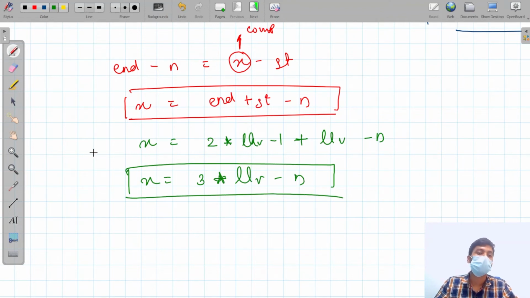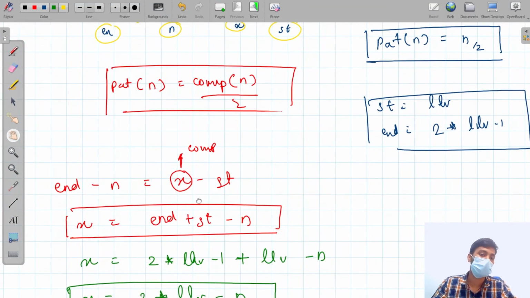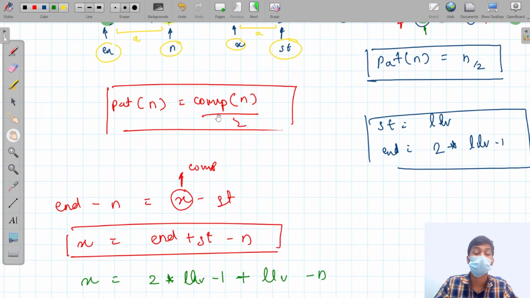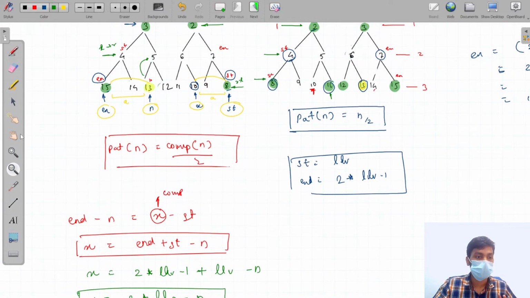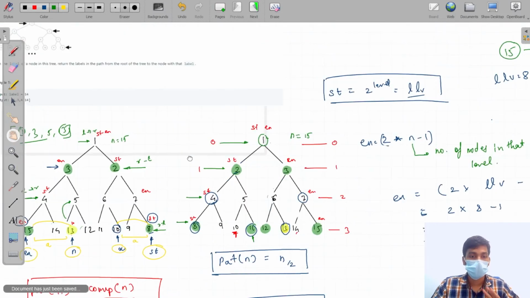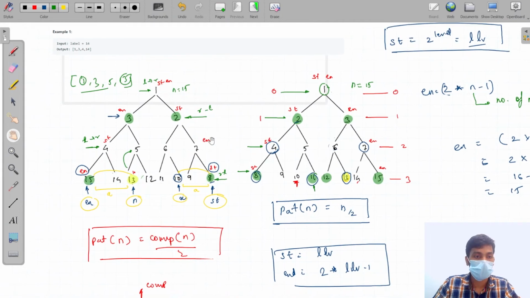So with this formula we will be able to get the complement, and after that we just have to divide this complement by 2 to get the parent of n. So in short, what was the whole story? What we did actually, I'll just go through quickly.